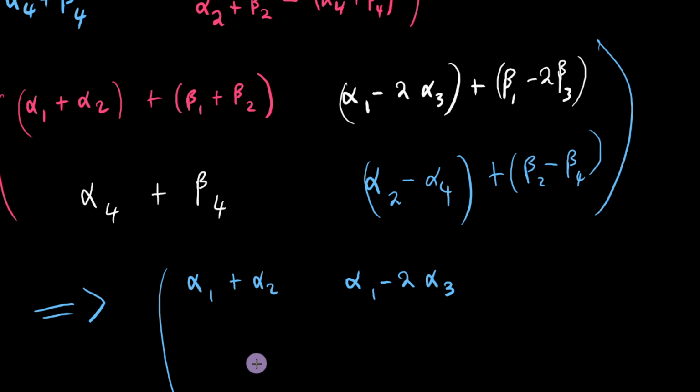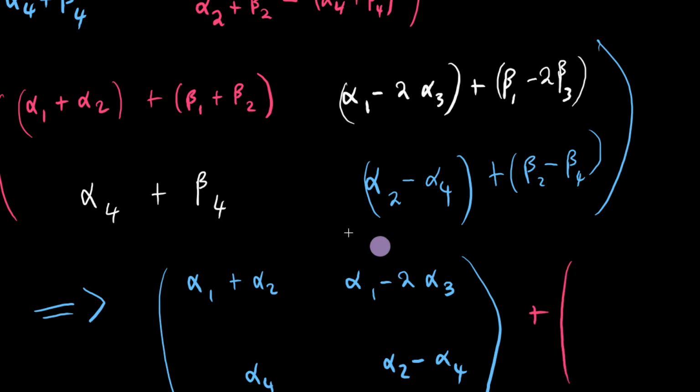Then here we have alpha 4. Here we have alpha 2 minus alpha 4. Okay, then the other part will be plus the betas. It will be beta 1 plus beta 2. Down here we're going to have beta 4.